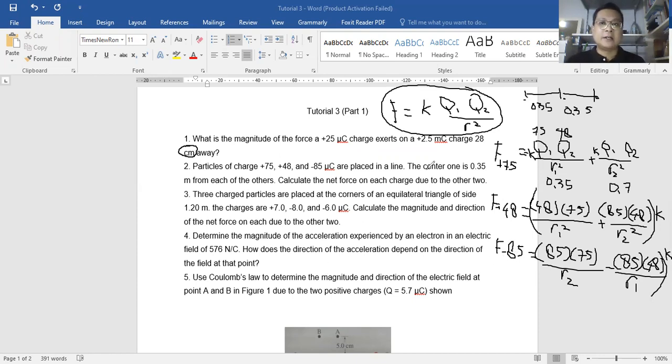Your answers for number 1, number 2, number 3 are in a similar condition, and also number 4. The significant difference is maybe number 5.